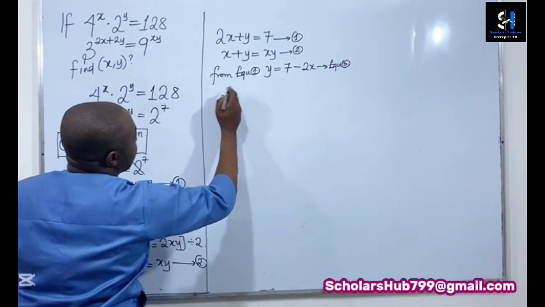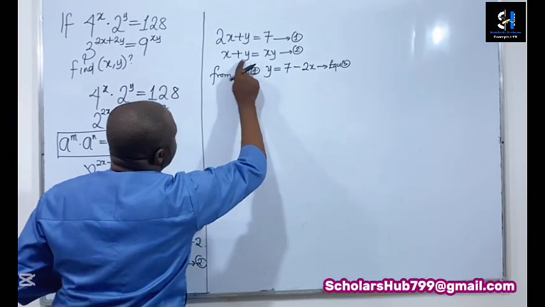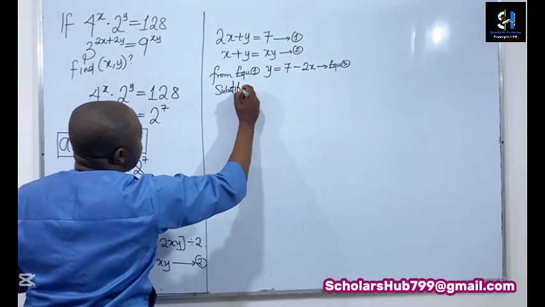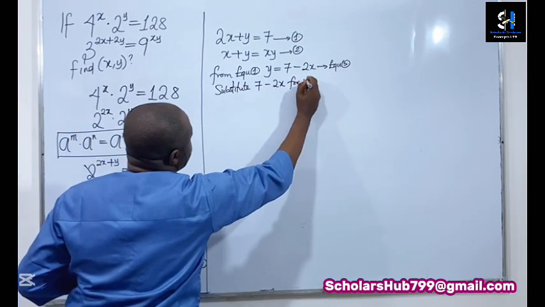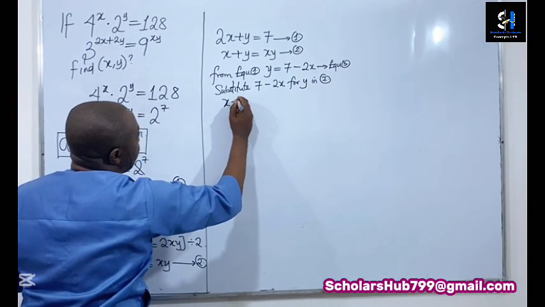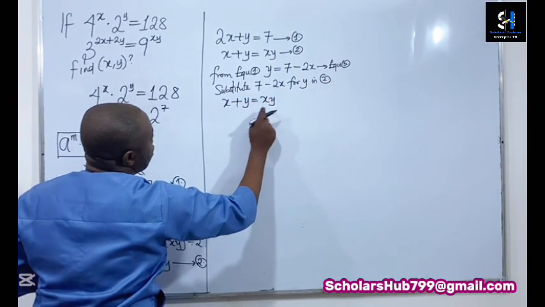So now we substitute 7 minus 2x for y in equation 2. We have x plus y equals xy. That's equation 2.